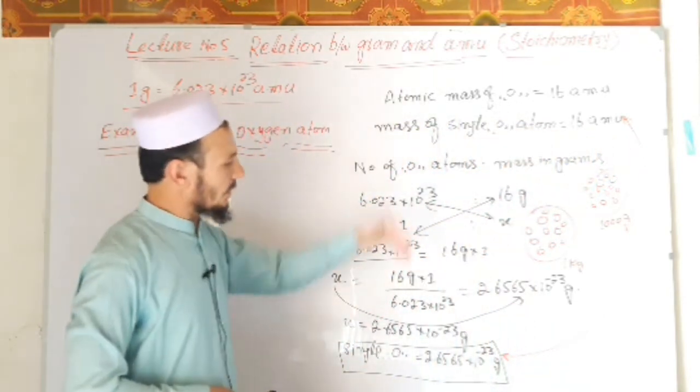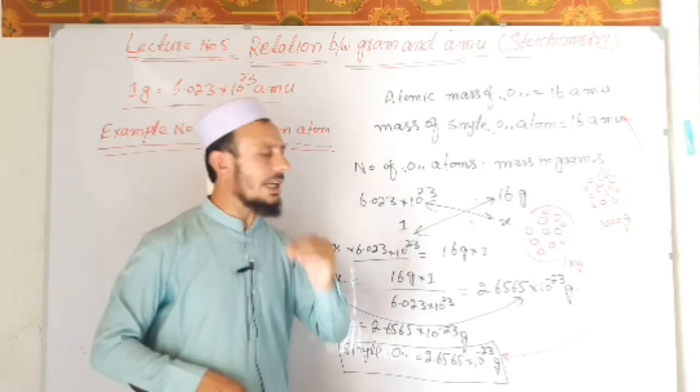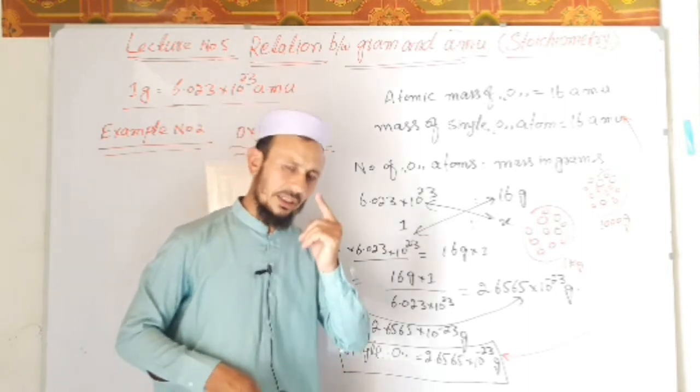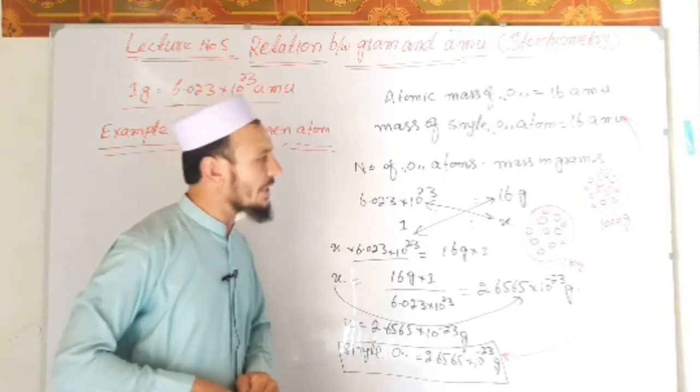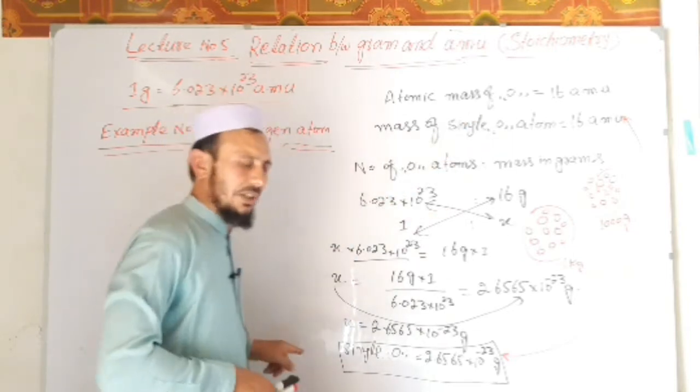Now let us calculate again how many a.m.u's will be present in 1 gram. We will calculate this from this relationship.